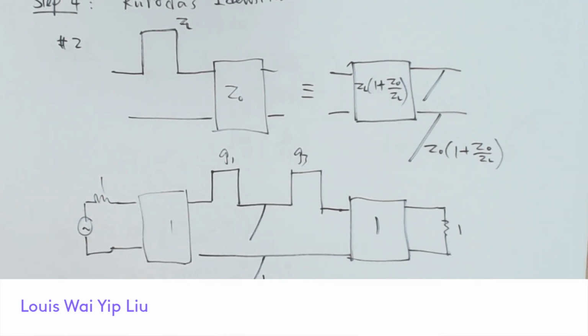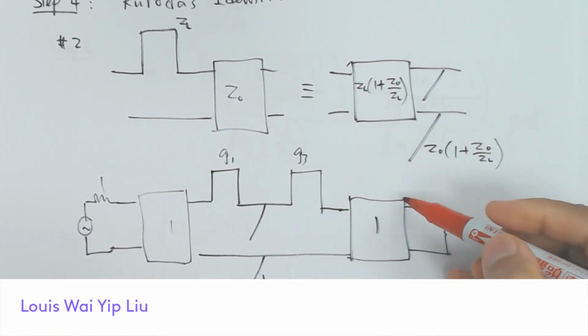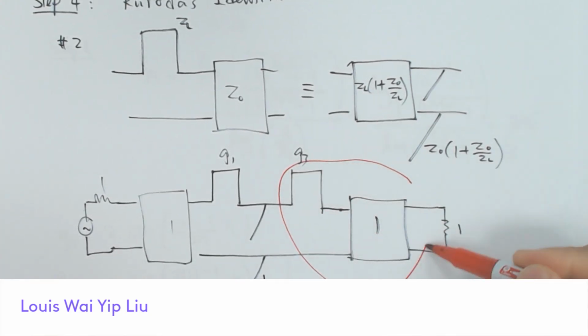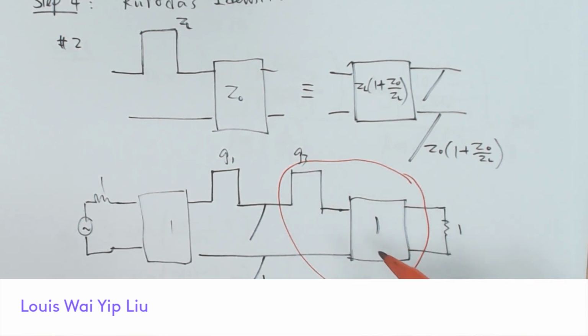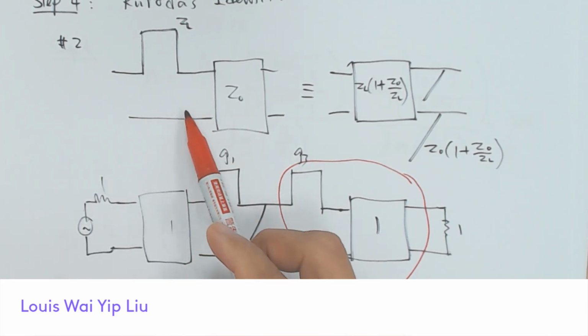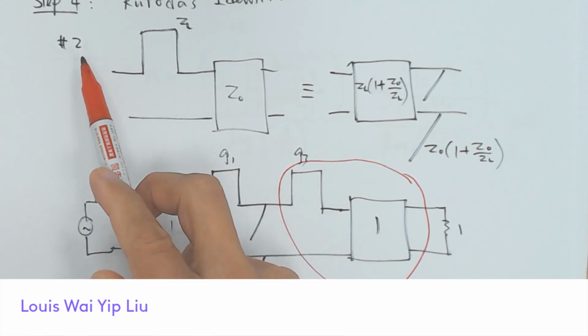And if you look carefully, you will notice that this section, the combination of G3 together with the newly added transmission line section, is very similar to this one, identity 2.